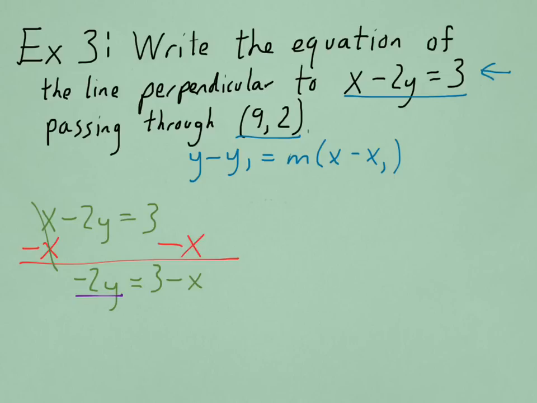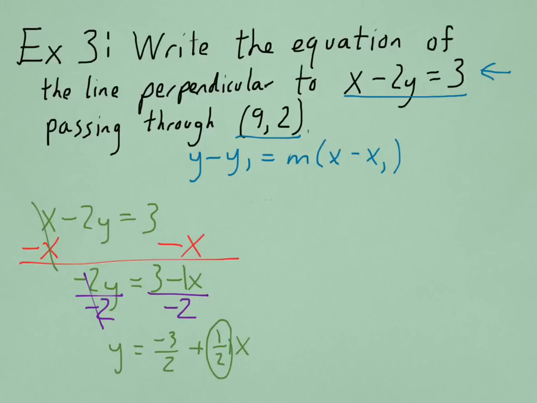Dividing both sides by negative 2 would give me y equals negative 3 over 2, plus, because a negative divided by a negative is positive, 1/2 x. Notice it's preferred to put the negative sign on top of the fraction or out in front. So the slope of this line is 1/2.